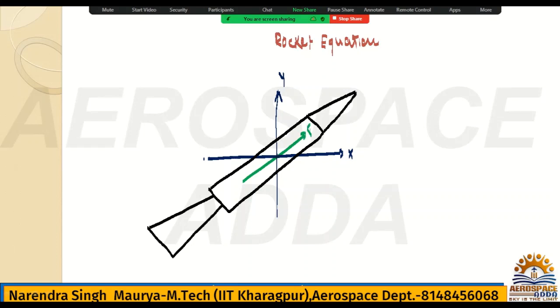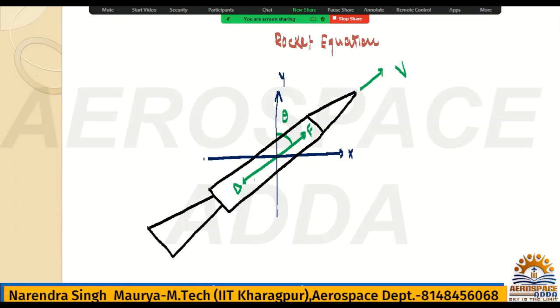This is the thrust F and just opposite is drag. It is making angle theta. This thrust is making angle theta from the y-axis, and this rocket is moving in the forward direction with velocity of capital V.